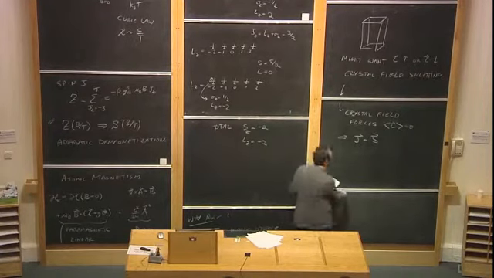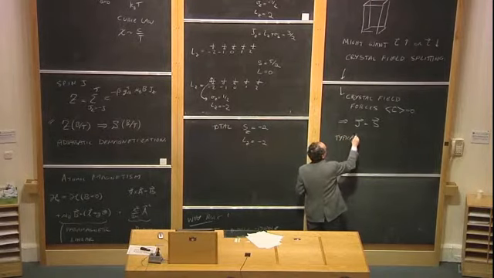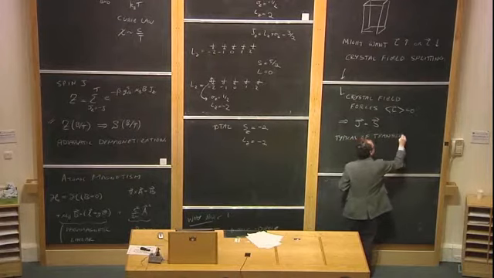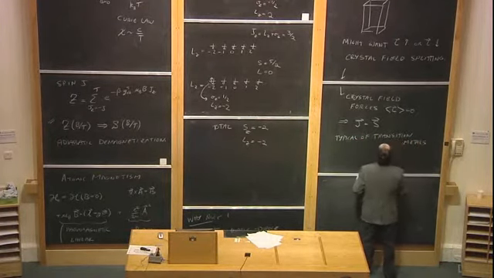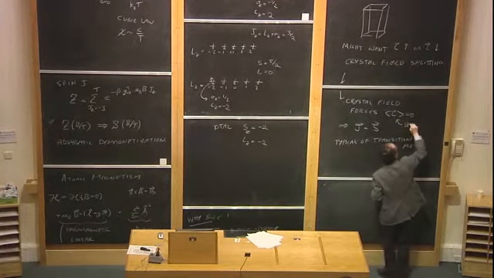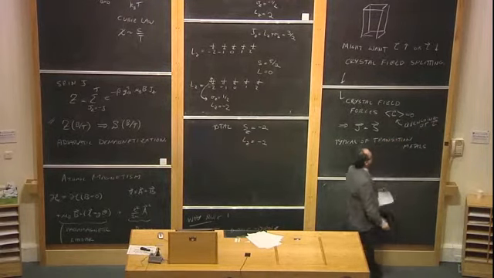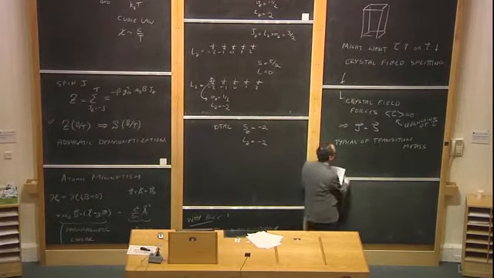This is typical of transition metals. I should tell you what it's called. Things like chromium. This is known as quenching of L, when L is basically removed from the problem due to the environment of the atom.